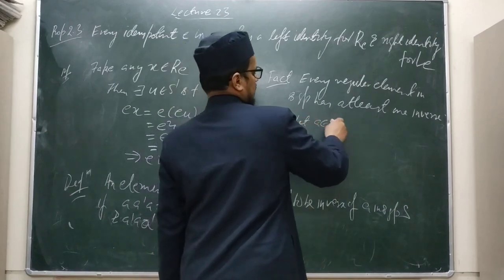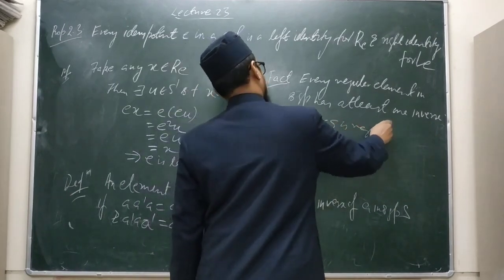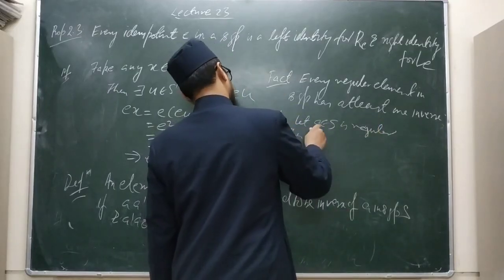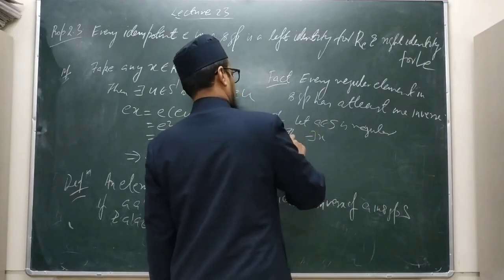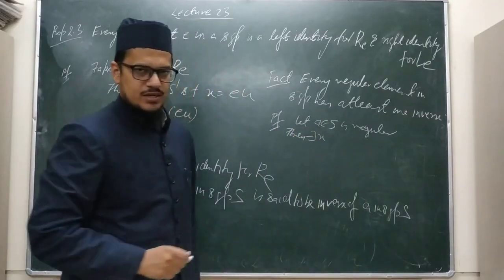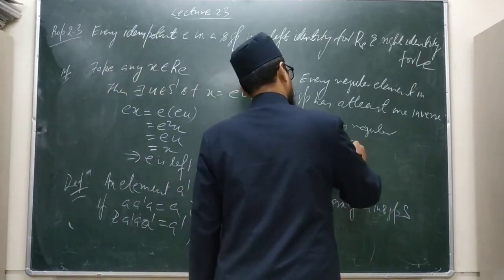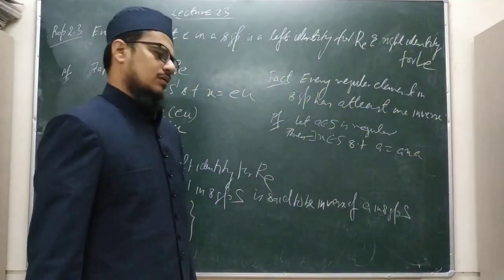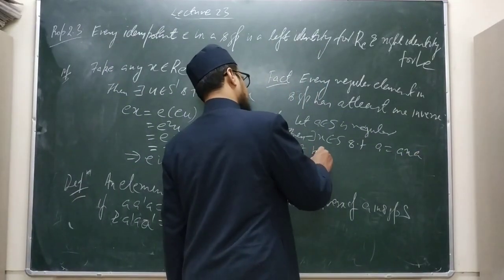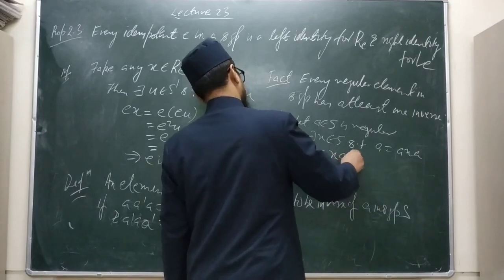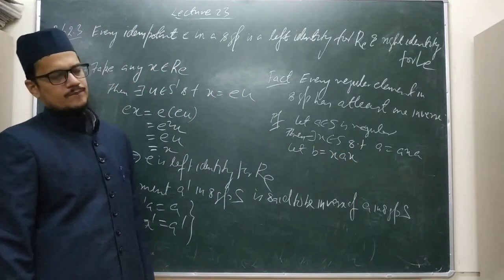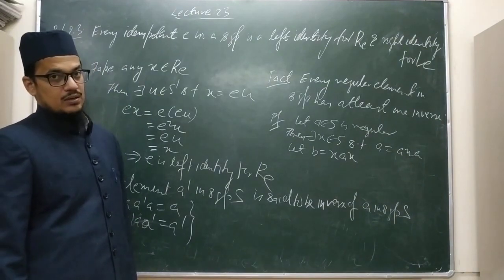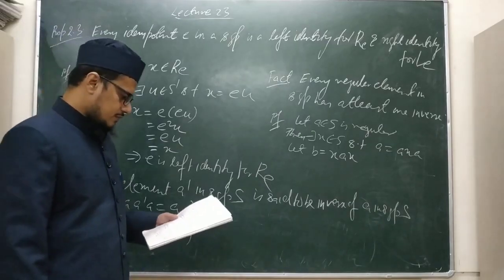Let a belongs to S be regular, correct? Then there exists x belonging to S such that a is equal to what? axa, correct? Now let b be equal to xax. Correct. Now we show that b is the inverse of a.